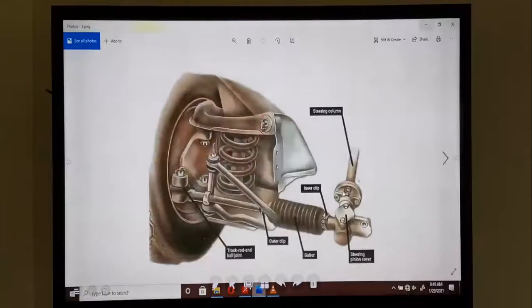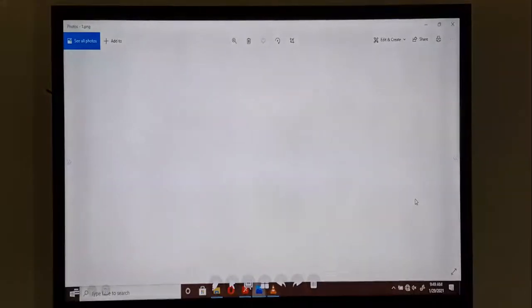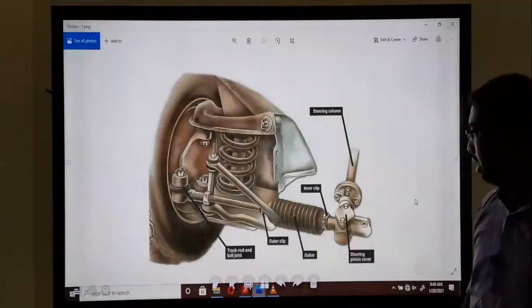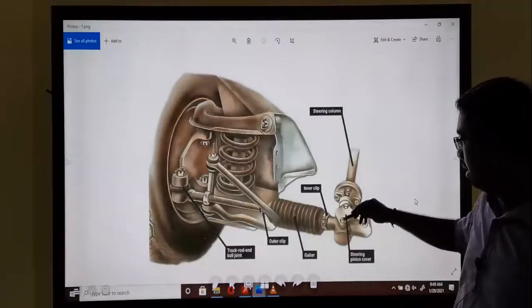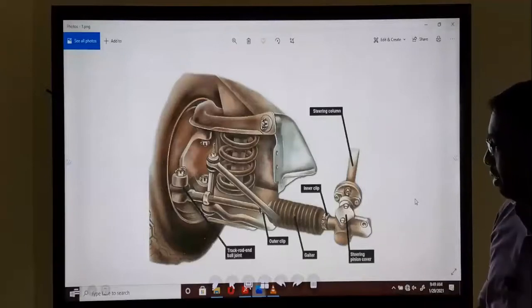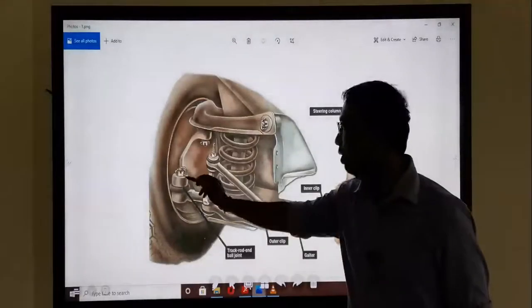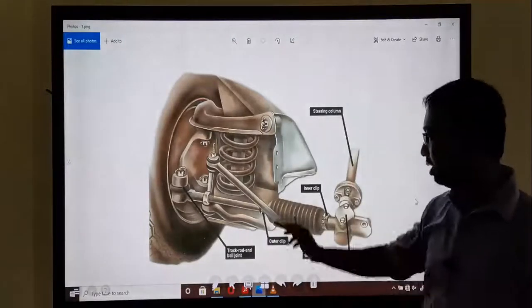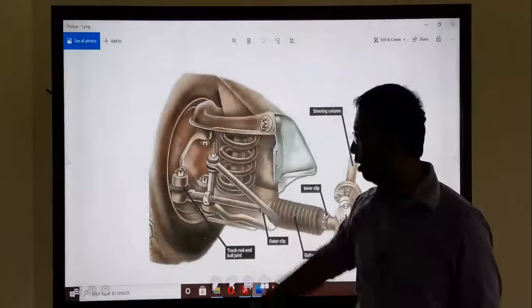In the other photo it is also the same. Here you can see the steering column and this is a rack and pinion. I will explain later. Here you can see the ball joint, and this rod is connected with the ball joint.